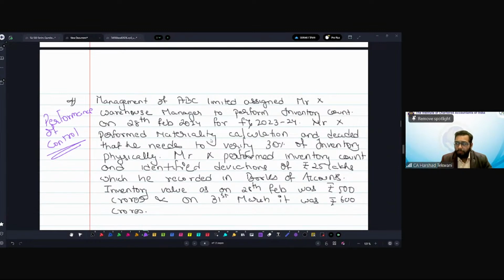Okay. Anyone else? Pooja, Shrikant, Vignesh, Ginny, what do you think? What is your take as an auditor on this one?